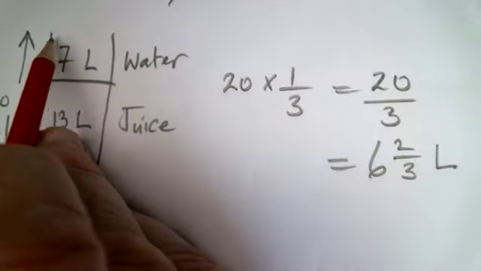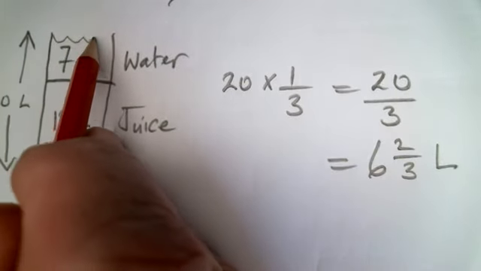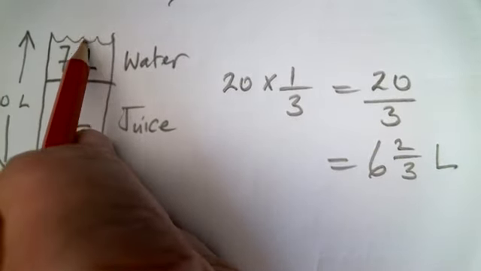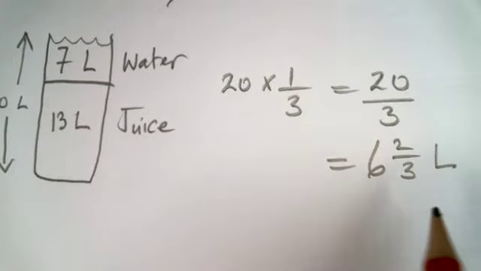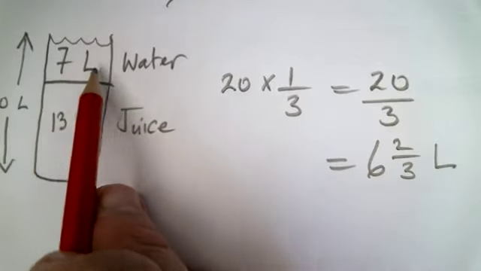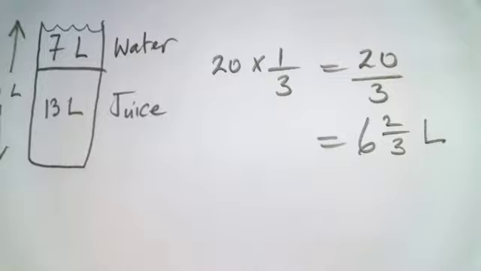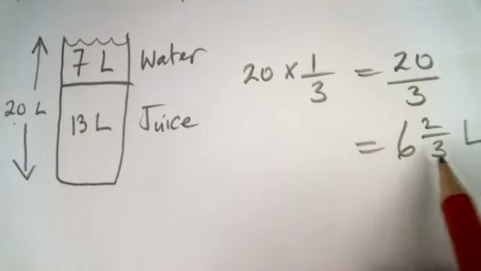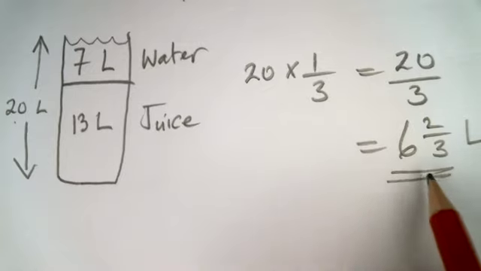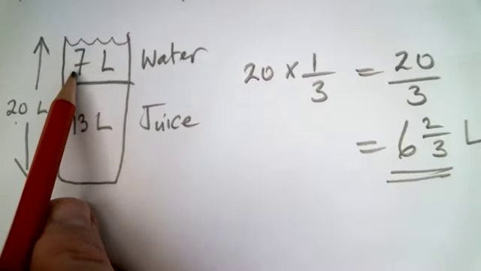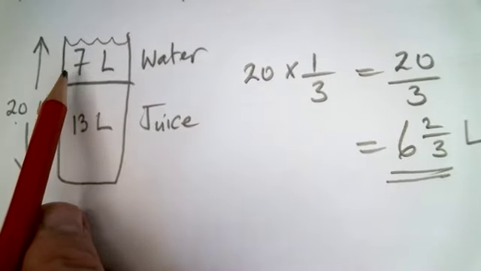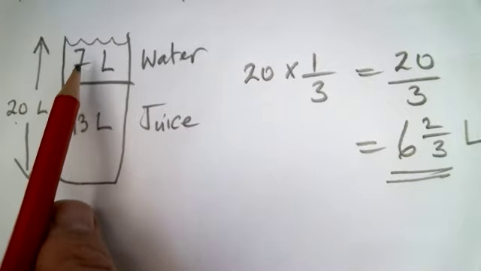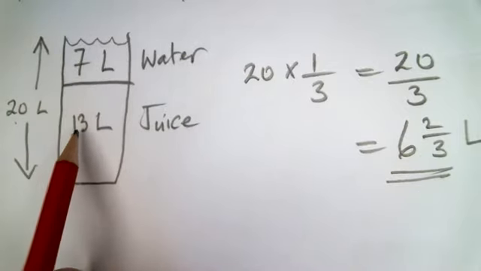So the level was right at the top here. That's the top of the water. And it's now shrunk down by 6 and 2/3. In fact, it's almost at this level here now. So let's do that, but I'm going to break it down not based on the whole lot, the 6 and 2/3, but based on the 7 litres. We're going to reduce this by 1/3, and we're also going to reduce this by 1/3.